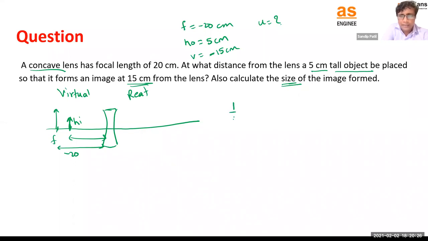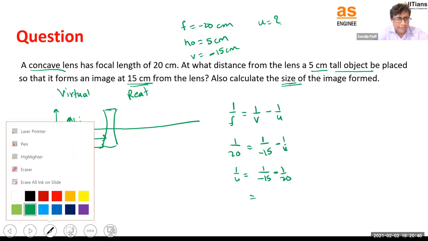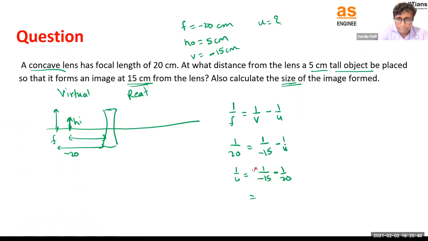Let's use our basic formula, 1 by F equals 1 by V minus 1 by U. 1 by minus 20, 1 by V is minus 15, minus 1 by U. So what I can do, let's take that 1 by U on this side, 1 by 15 here, 1 by 20 will become minus 9, right? So again, what I have to do, multiply the 15 by how much? 3, 4, and multiply 20 by 3.